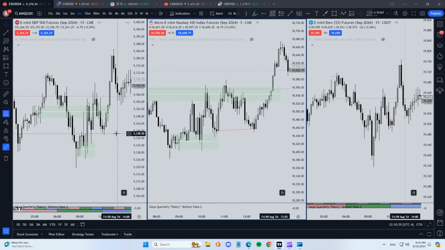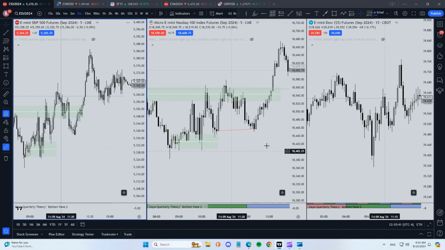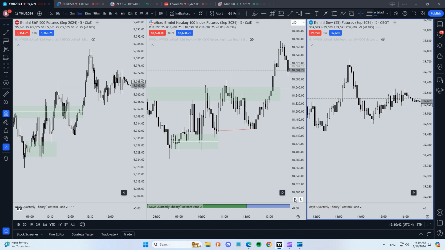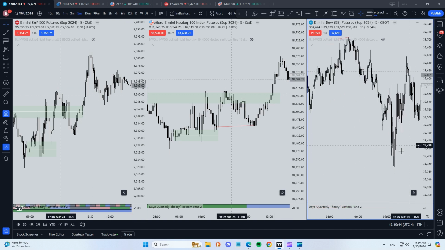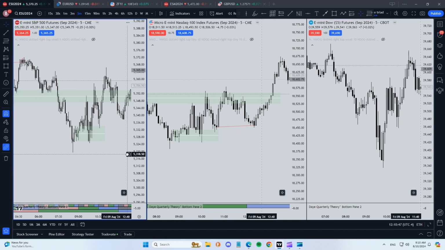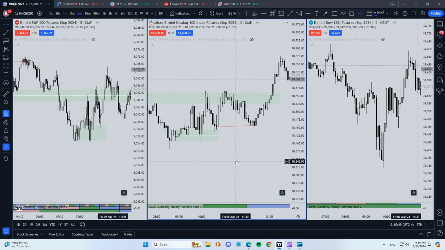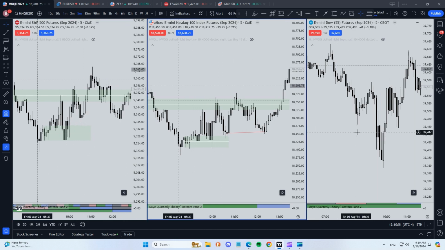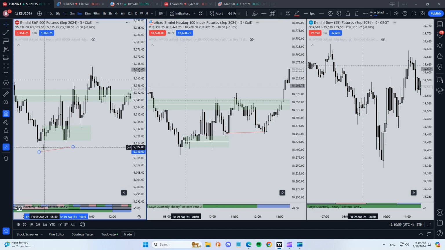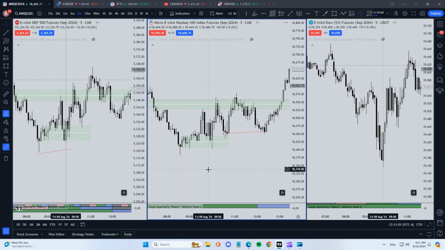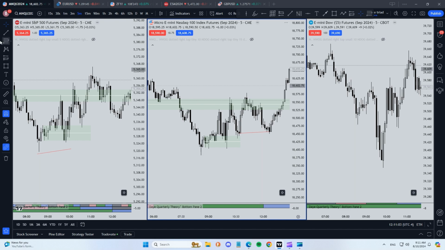So on the 5 minute, right at New York Open, we saw a very simple, classic SSMT right here between Q2, Q3. Pretty obvious. But due to the low probability price action from previous, I didn't really trust it too much.